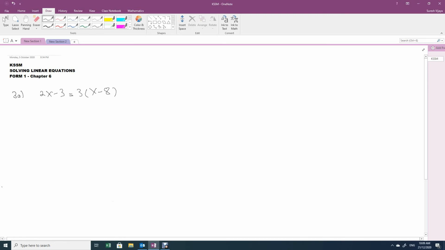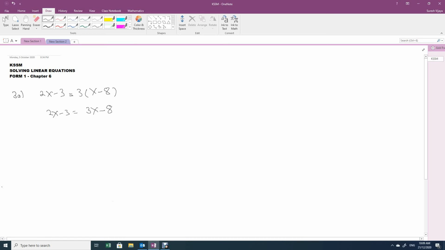So to solve this, this is more like how to expand an algebraic equation. So how do we solve this? First, what we do is we expand the equation. So 3x minus 24... I mean, we have 2x minus 3 equals 3x minus 8.